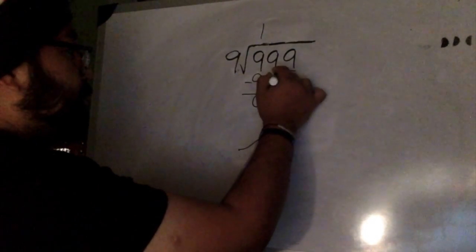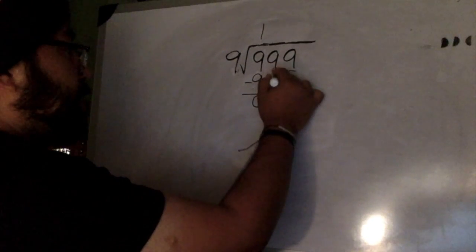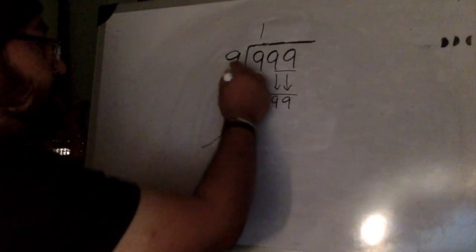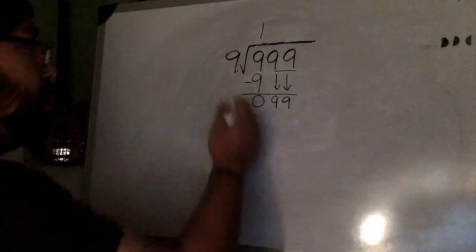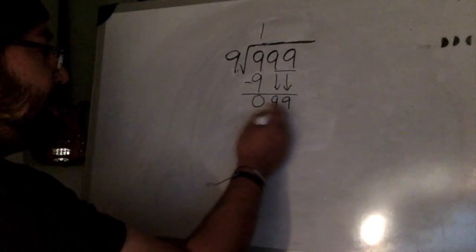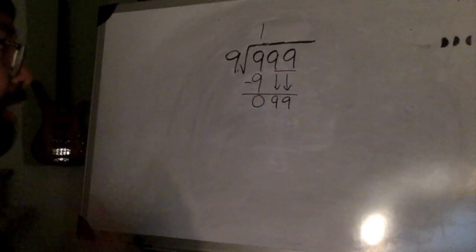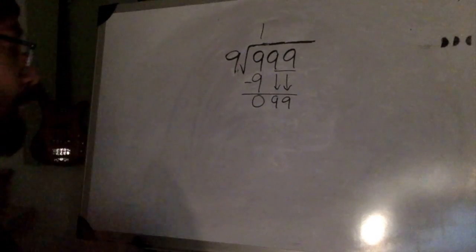Look at 99 here. Instead of just dropping one 9, drop both. And here's why. 9 goes into 9, we know that. But 9 also goes into 99. So 9 would go into 99 how many times? 11.